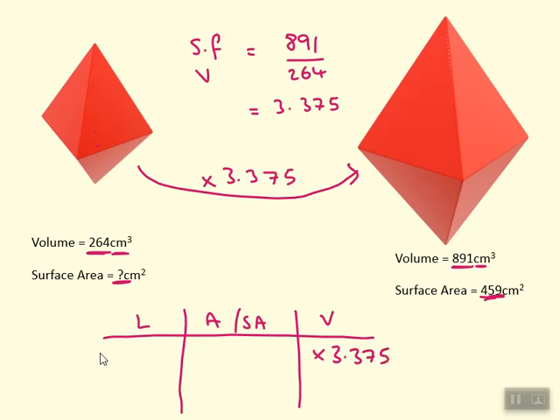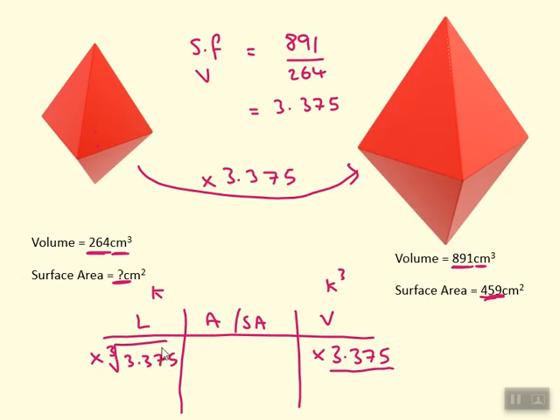So what's the length multiplied by? Remember how it works. If you know the length scale factor, that's k for example, then the volume scale factor would be k cubed. So in order to work out what the lengths are, we need to cube root this number here.